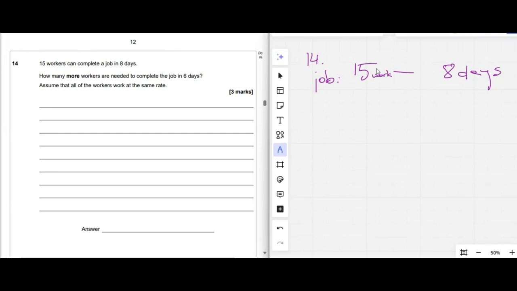Okay, so that job, if one worker did it, it would take 15 times longer. So instead of direct proportion, it is inverse proportion. So for one worker, the same job will take 120 days.